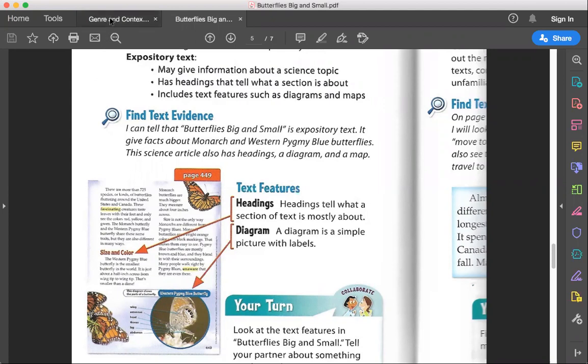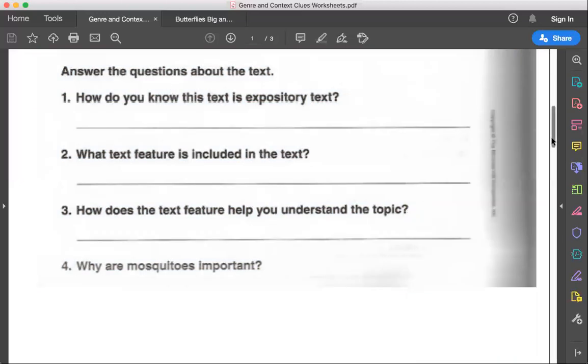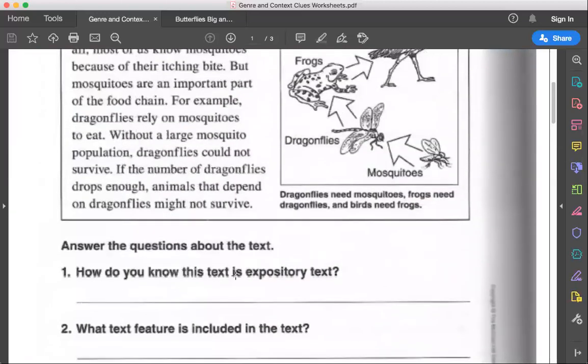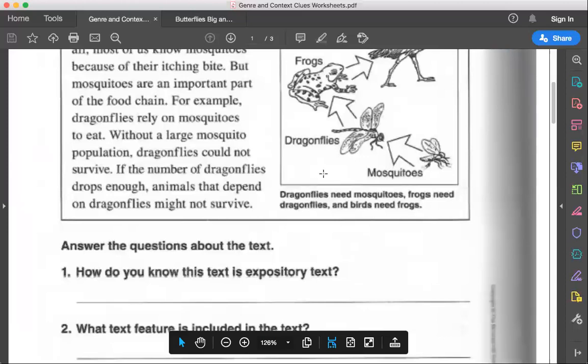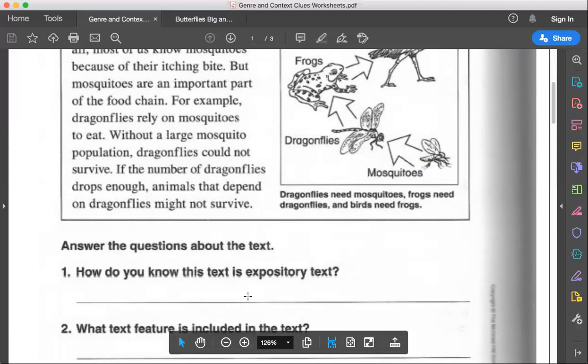So, you know what? It doesn't have sections, but it does give information about a science topic. Also, it has a diagram. So I could say I know it's expository text because it gives information about a science topic and it has a diagram.